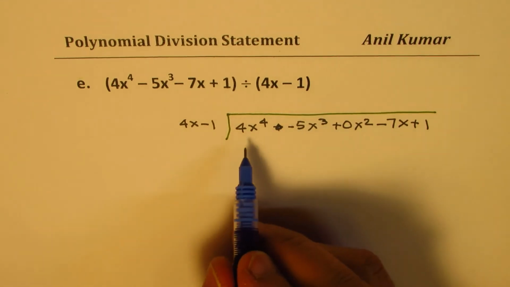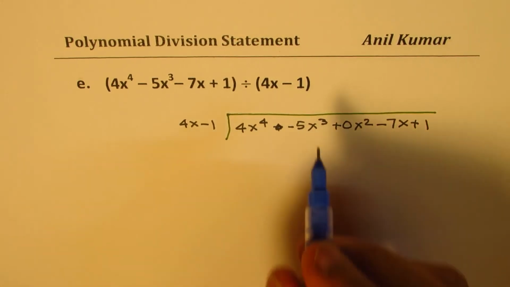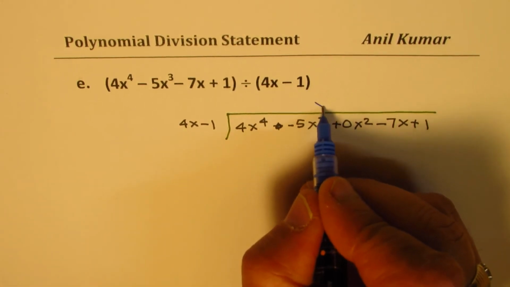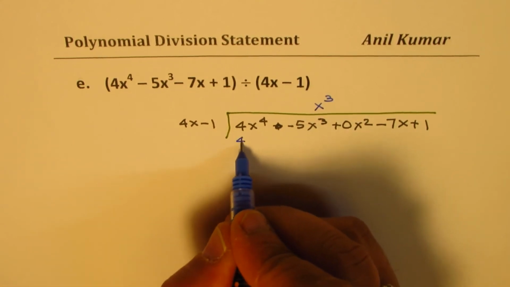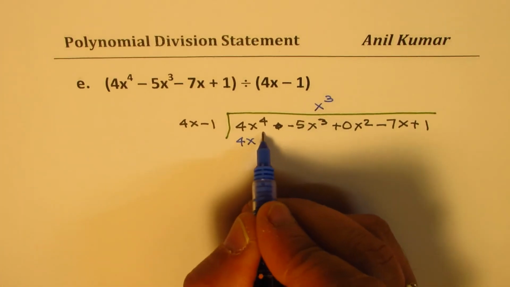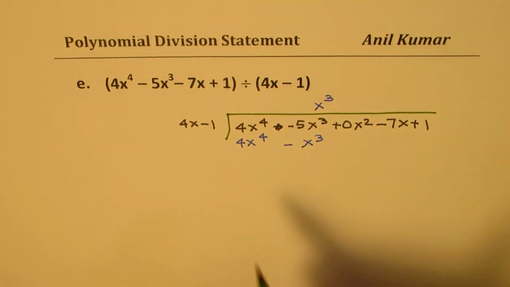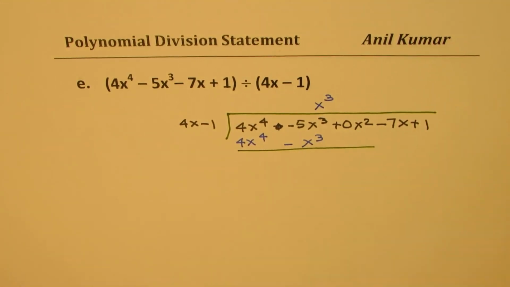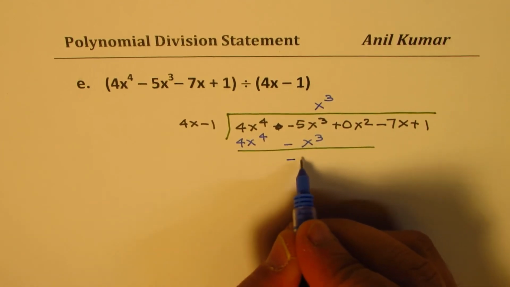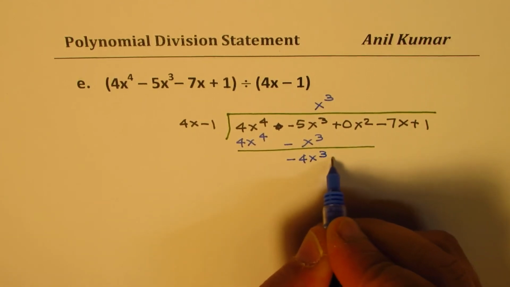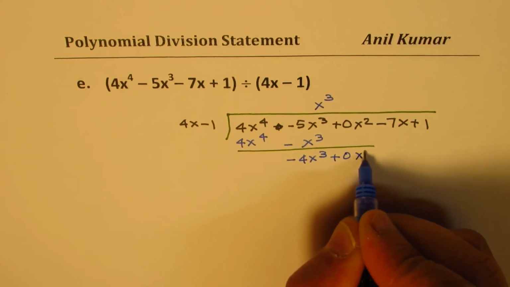Now let's divide. So we need 4x to the power of 4. We'll multiply by x cubed. So we get 4x to the power of 4 minus x cubed here, right? So when you take away, you get minus 4x cubed here plus 0x squared.